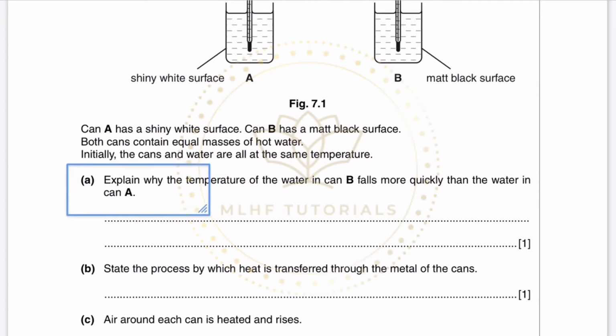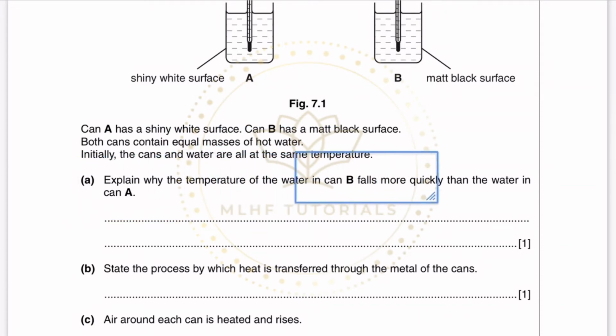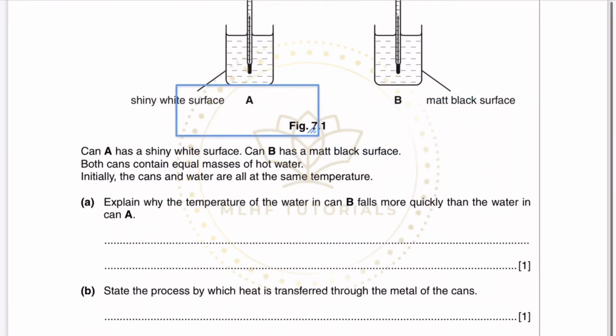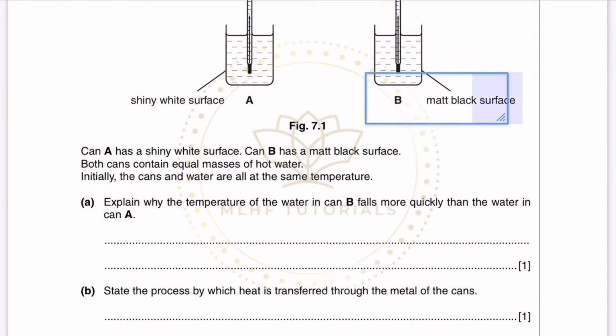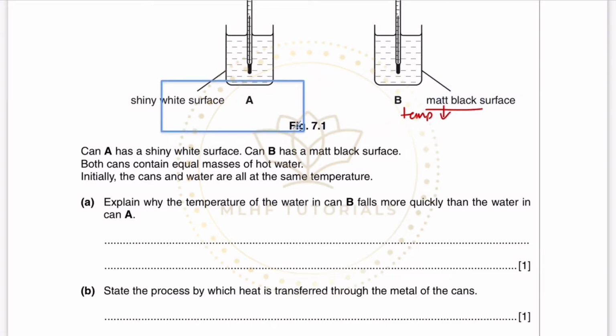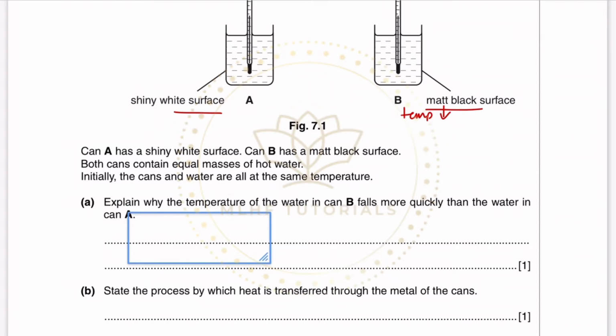Part A. Explain why the temperature of the water in can B falls more quickly than the water in can A. Okay. They're asking you why the can B, which has matte black surface, the temperature falls more quicker compared to this can. Okay, this is a factual question.